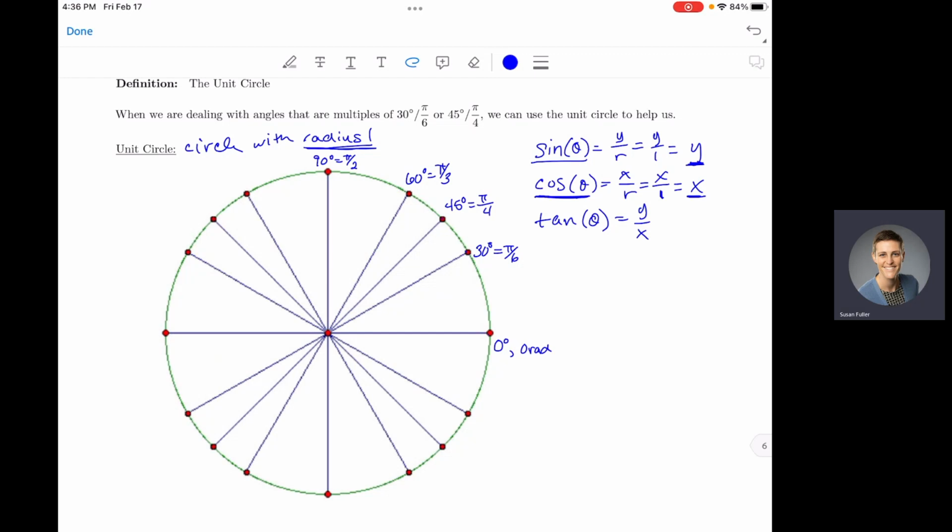All of these that we filled in so far, these are the ones that I definitely want you to memorize. I want you to make a note card with these on it and make sure that you study these. And while we are memorizing things, I also want you to add these. 180 degrees is pi radians, over here on the left side. And here on the bottom, this is 270 degrees or 3 pi over 2 radians.